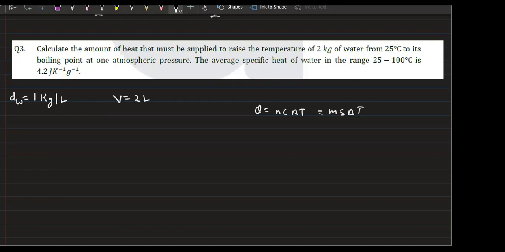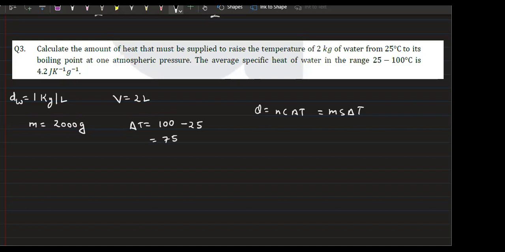Right, everyone? So here mass is already given, which is 2 kg. But this specific heat constant is given in gram, so we will take the weight in gram. So 2000 grams. Temperature change is already given, right? Boiling, which is 100, minus 25, so it will be 75.